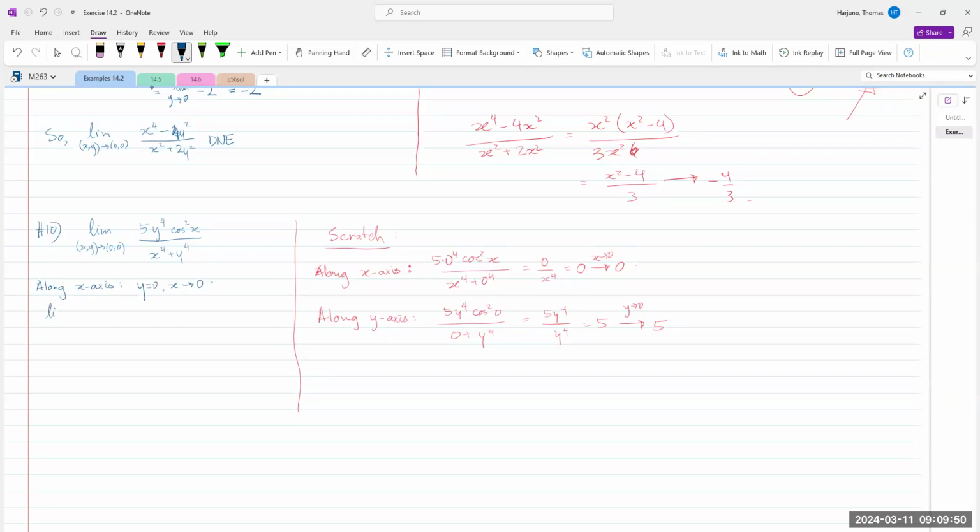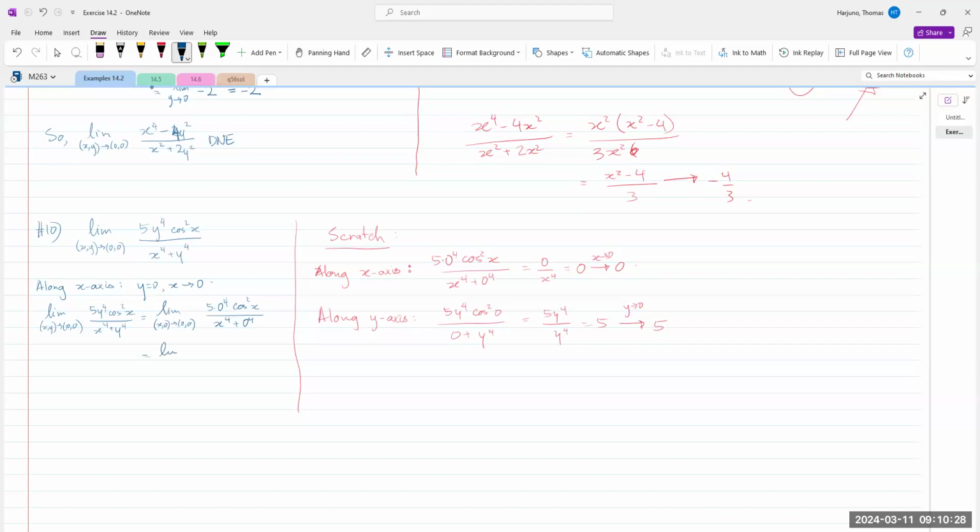Okay, limit as (x, y) goes to (0, 0) of 5y to the fourth cosine squared x over x to the fourth plus y to the fourth equals limit as (x, 0) goes to (0, 0) of 5 times 0 to the fourth cosine squared x over x to the fourth plus 0 to the fourth.